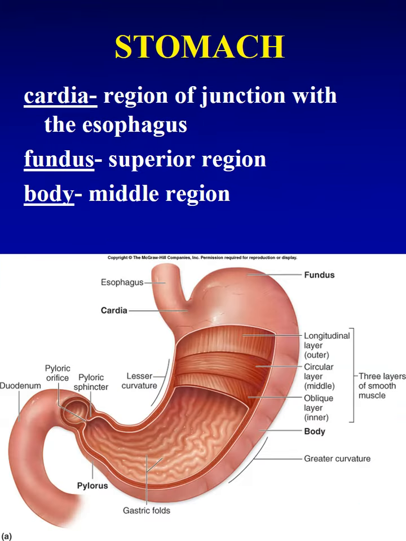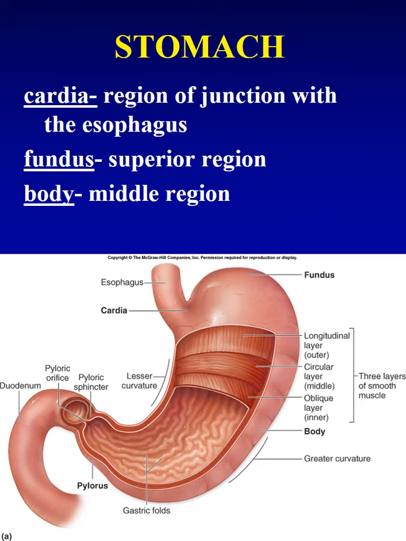The stomach is a muscular J-shaped sac that occupies the left upper quadrant of the abdomen, and it is immediately inferior to the diaphragm. It contains the mechanical and chemical digestion of the bolus, and after the bolus has been completely processed in the stomach, what's produced is chyme.